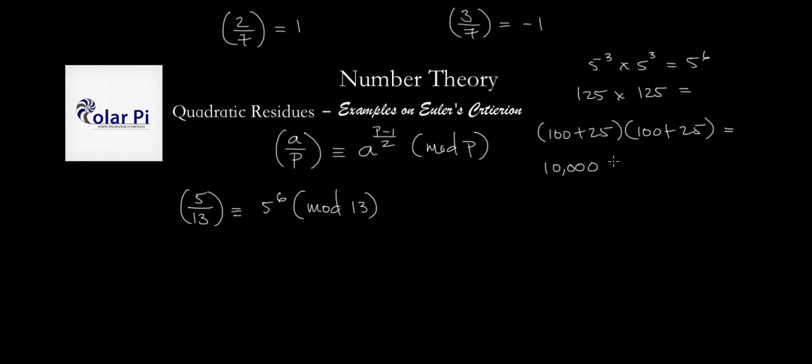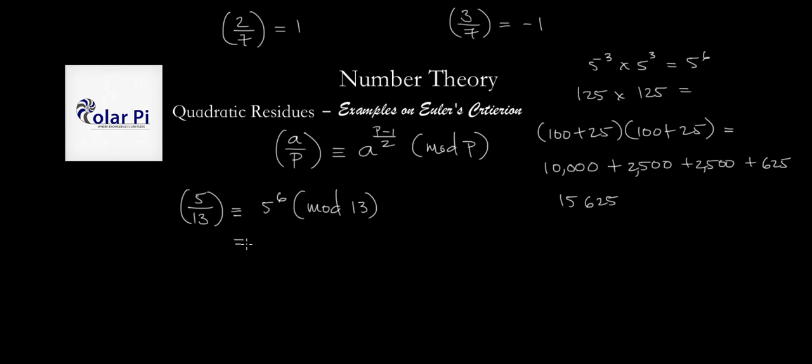Then we'll have 2500, and another 2500, and then we'll have 625. These two combine to 5,000, plus 10,000 is 15,000, so we get 15,625.